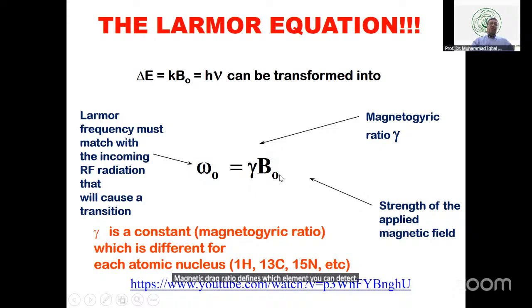B effective will define, within that element, which proton you are detecting, because B effective is different for different types of protons, even within a particular molecule, because of their microelectronic environment.